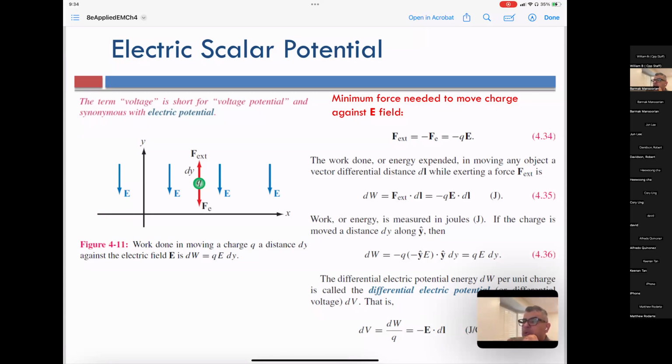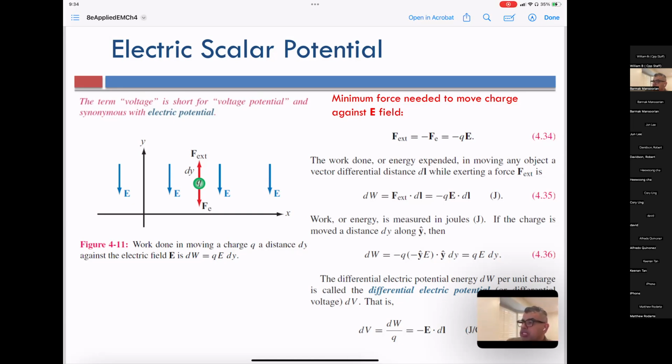So what is this voltage and why are we measuring it? One thing is, notice that acceleration is a vector, force is a vector, electric field is a vector, but voltage is not a vector, it's a scalar, right? You never say this thing is 10 volts and pointing left or pointing right.